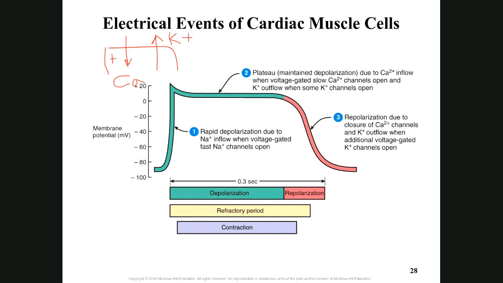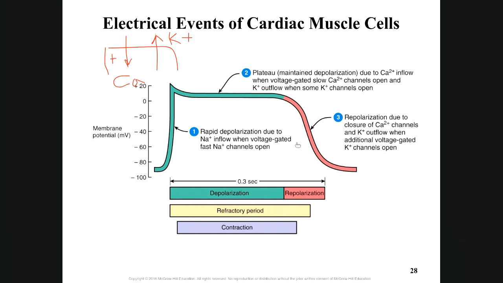So it means in the plateau phase we don't have any change in the membrane potential. And after that, the calcium channels become closed and the potassium channels are still open. The potassium ion leave our cell and you can see repolarization of the cells.